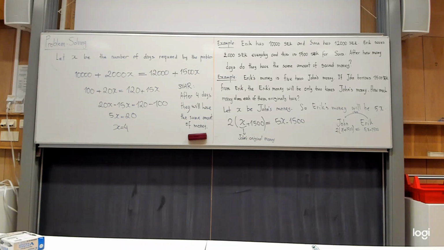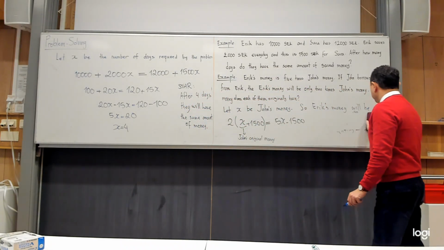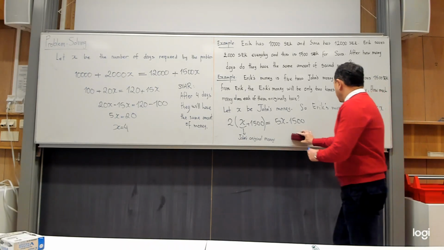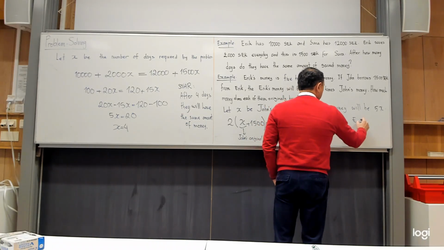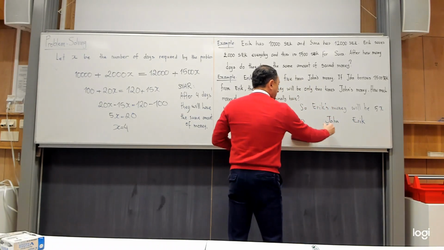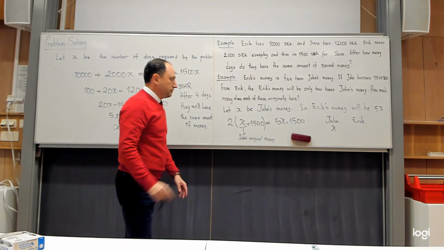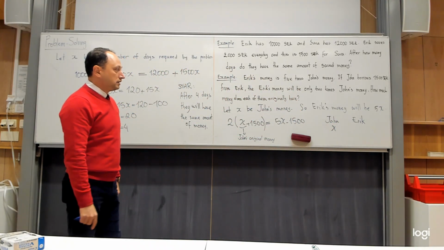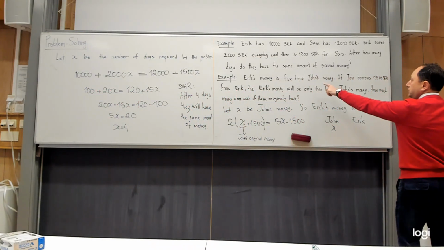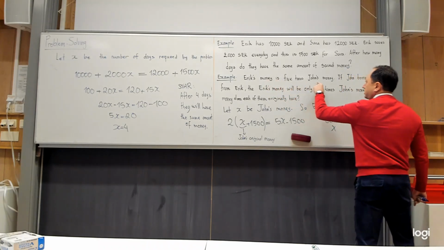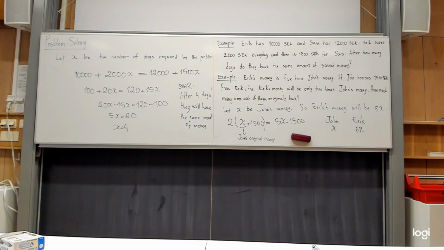Yes, is that understandable? Let me explain it again because I see doubtful faces. Let me write John here and let me write Eric. According to Ali, X is the money of John originally, before this transfer. If John's money is X, Eric's money is 5 times John's money, so Eric would have 5X.